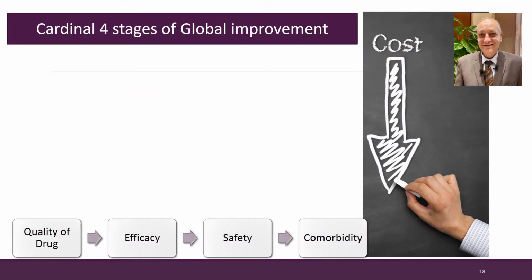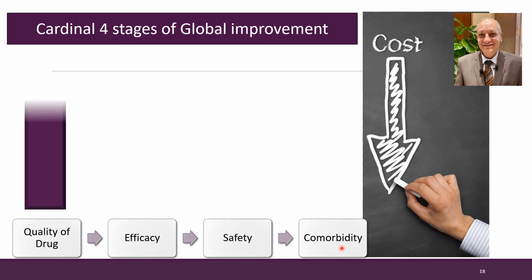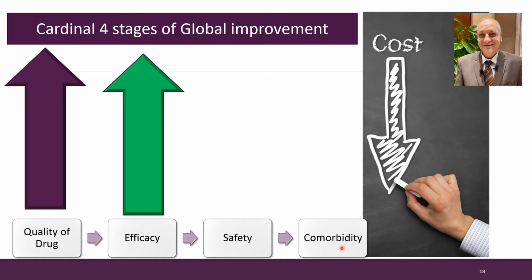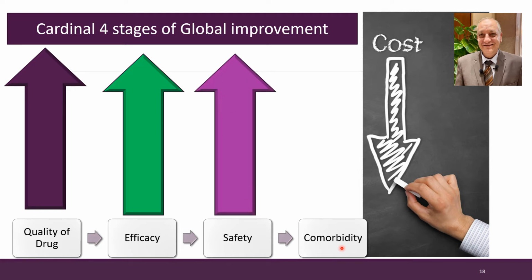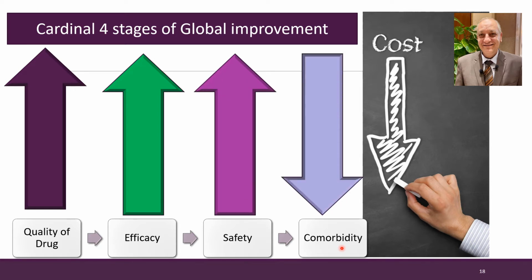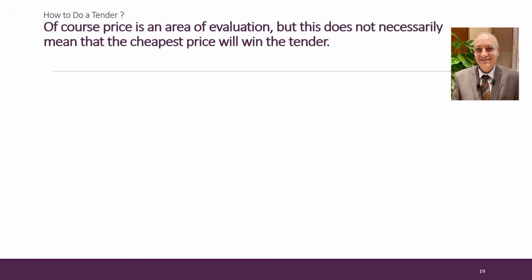The cardinal four stages of global improvement: the quality, the efficacy, the safety, and the comorbidity. So you can increase the quality of the drug, increasing the efficacy, increasing the safety, and subsequently you will decrease the comorbidities from inefficient therapy. Of course, price is an area of evaluation, but does not necessarily mean that the cheapest price will win the tender.